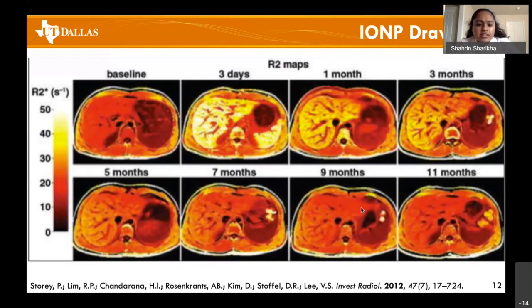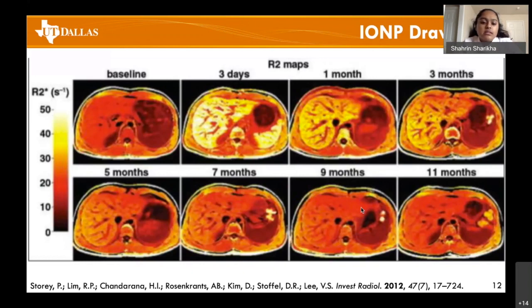In this study, Story and their co-authors observed in 2012 the liver of a patient who was administered IONP as a contrast agent, over a period of 11 months.